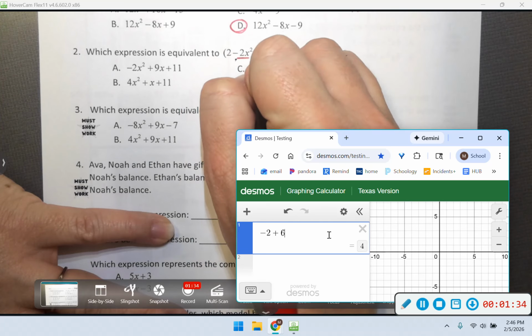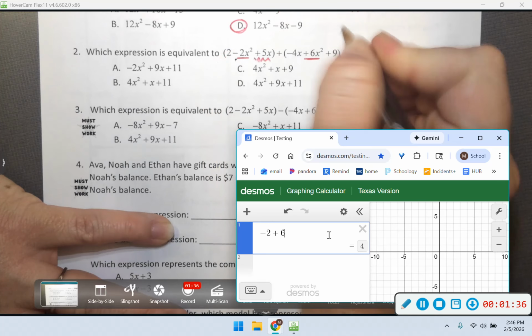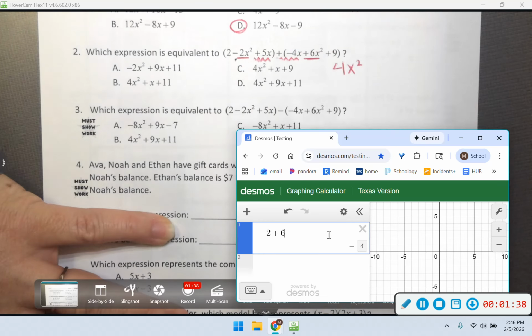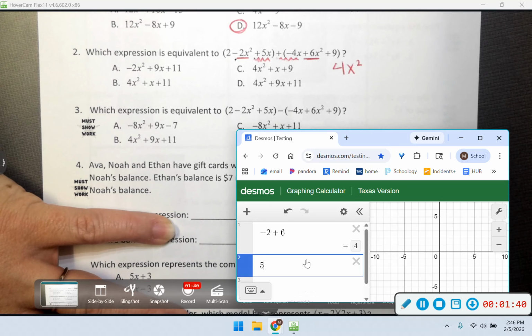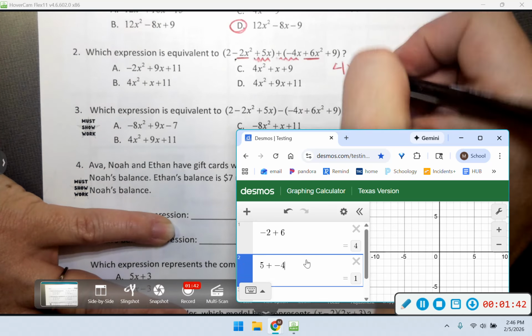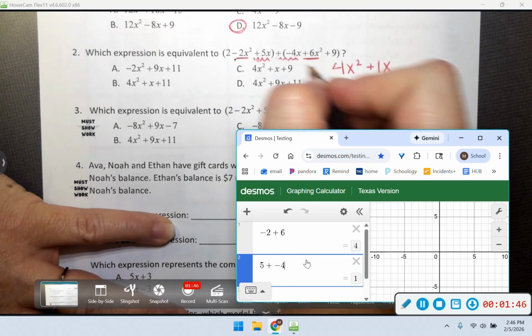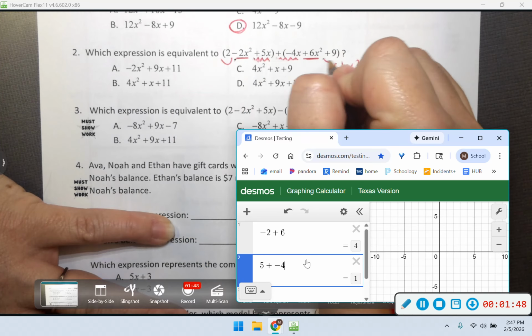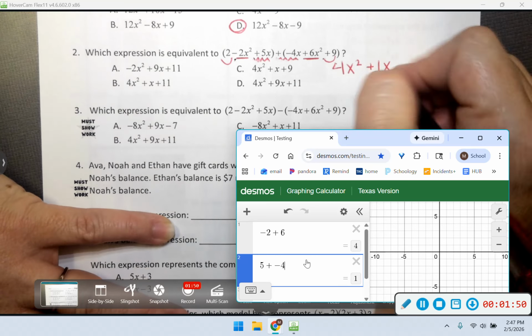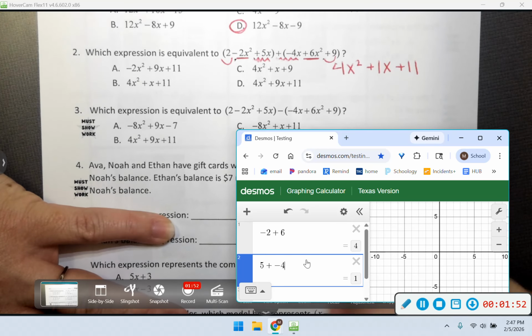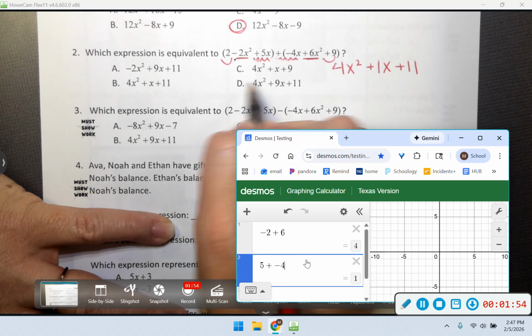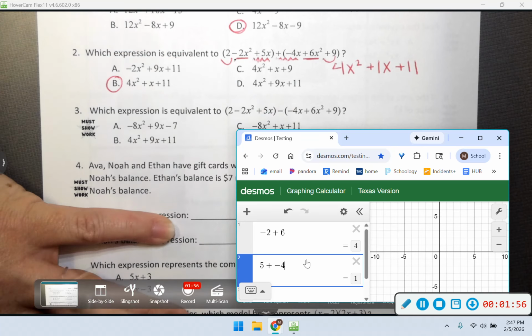And then I have plus 5x plus negative 4x, so 5 plus negative 4 is 1, so I have positive 1x. And then I have my constants, positive 2 plus 9, well 9 plus 2 is 11. So that would be B.